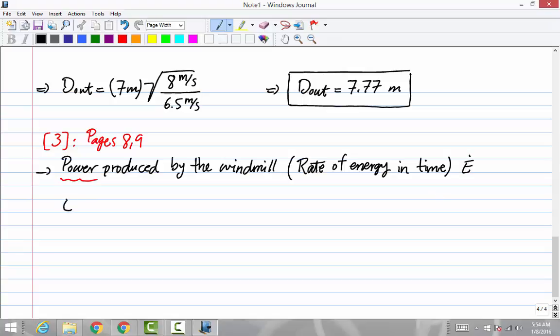And we should use this equation, E dot mechanical, for any flowing fluid.